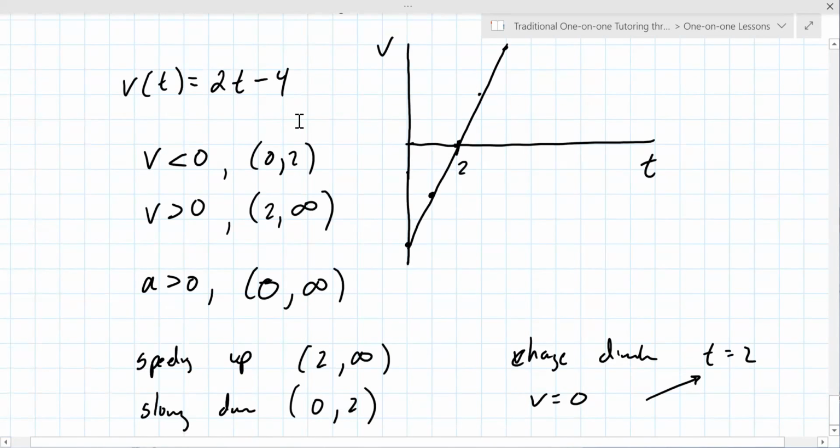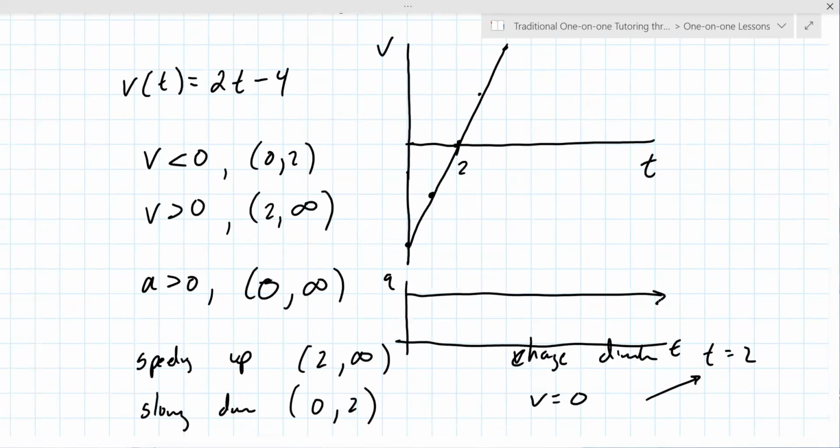I see. Okay. And so A of t is not very interesting, but A of t looks like this. It's always 2. Because A equals 2. Oh, okay. Yeah, we can look at the other graph.